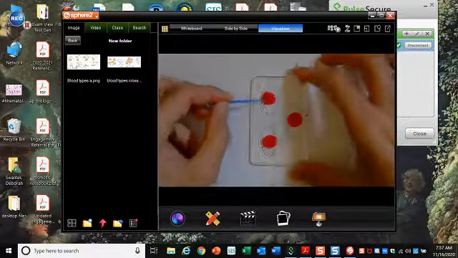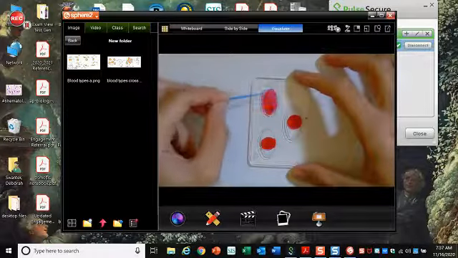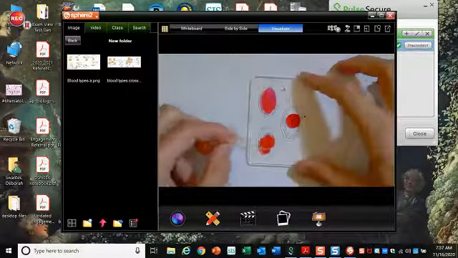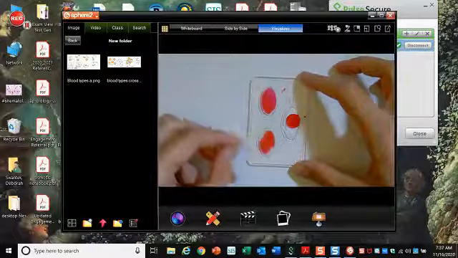Okay, I'm going to mix these. Try not to splatter it around too much like I did.